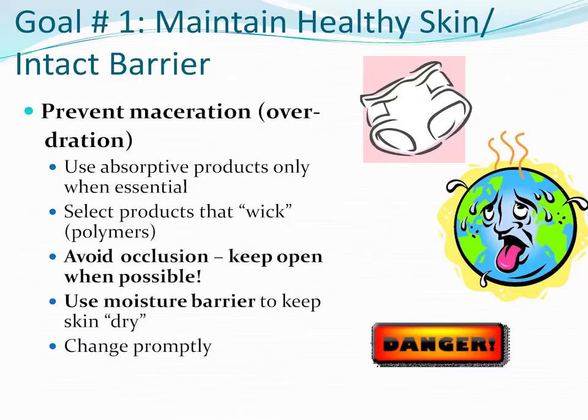If I have to use absorptive products, I need to use them wisely. There's a wide variety of products on the market, you know that. Some of them are very poor quality, and they form wads and clumps underneath the patient. And others are very good quality. They're polymer-based, and they wick urine away.